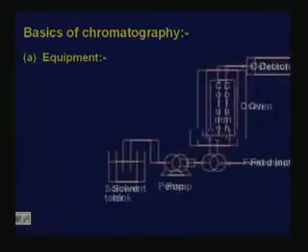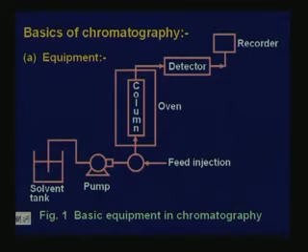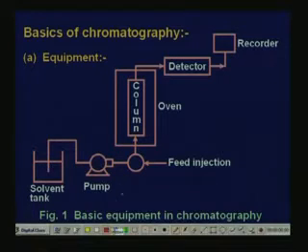Basic chromatography equipment. What is the equipment? Let us see the basic equipment. We have a solvent tank here. We have a pump, and through the pump we feed the solvent, and there is a feed injection, and it goes through a column.